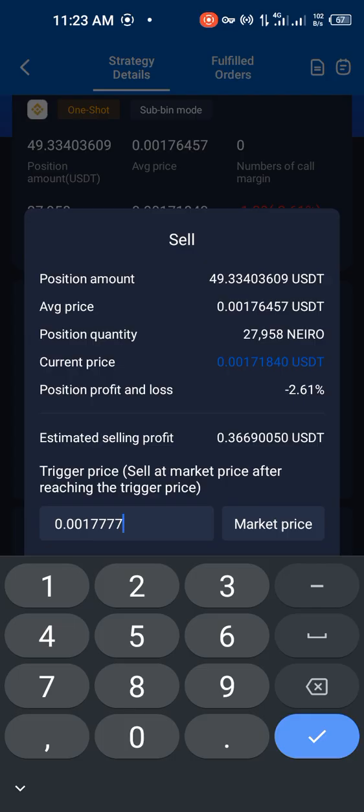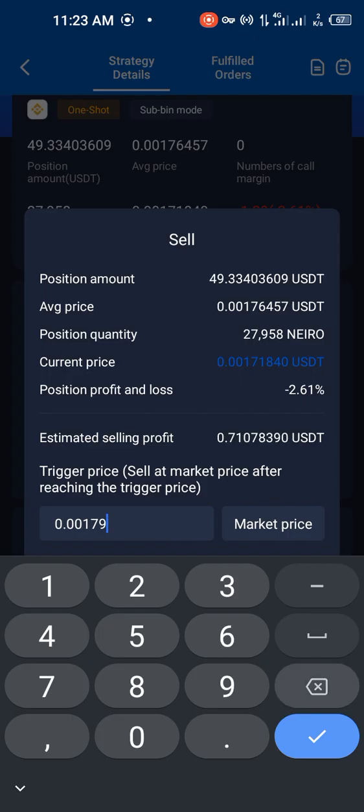So when I place this now, I say, okay, but take this. I can even say 0.1799 or 1729922, depending on what you are watching. This estimated selling profit will be changing.